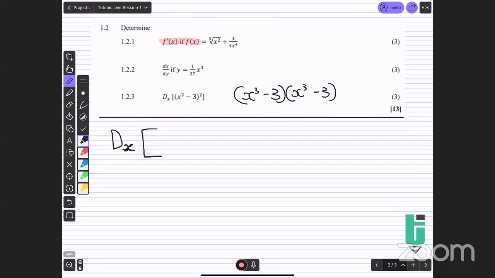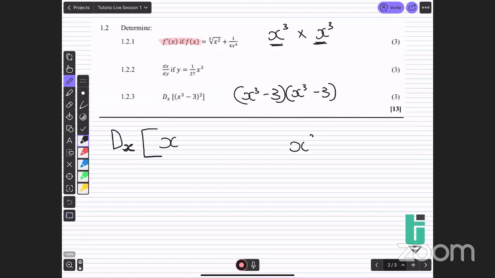Yes. If you FOIL it out, then it's going to be x to the power 9, then minus 3x cubed. It's x cubed times x cubed, right? So when you multiply the bases, you add the exponents.